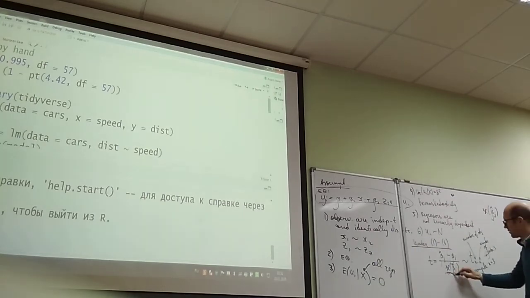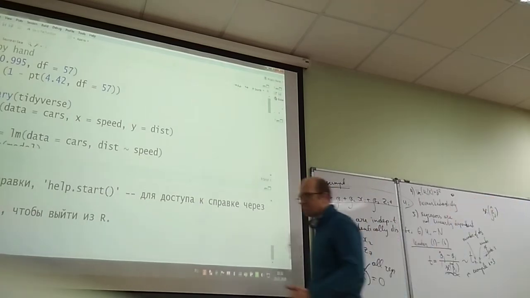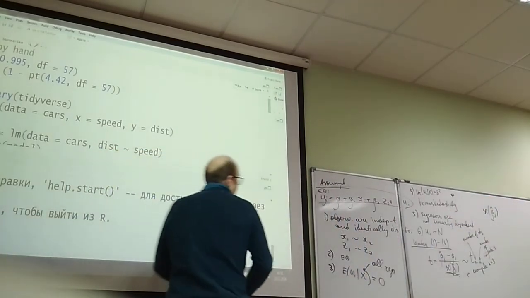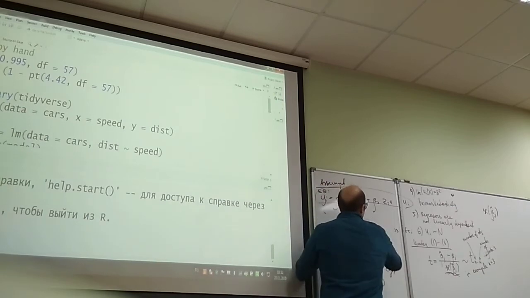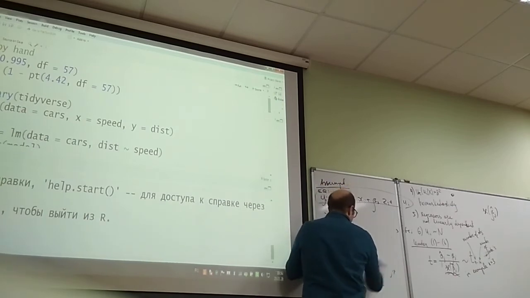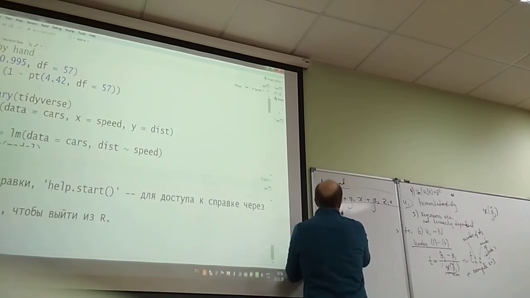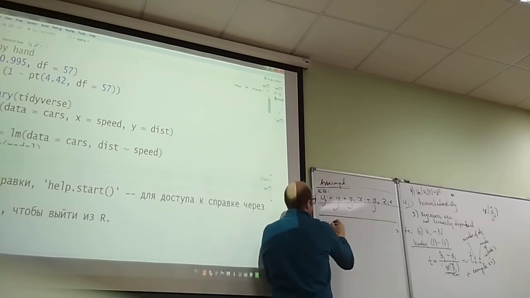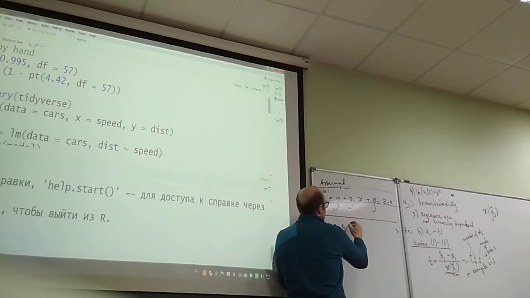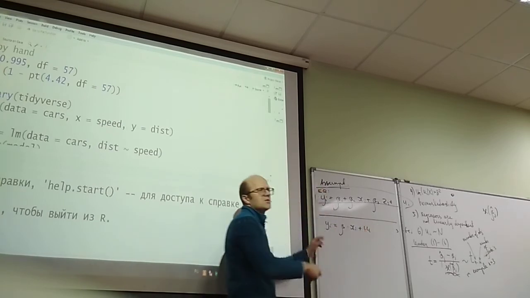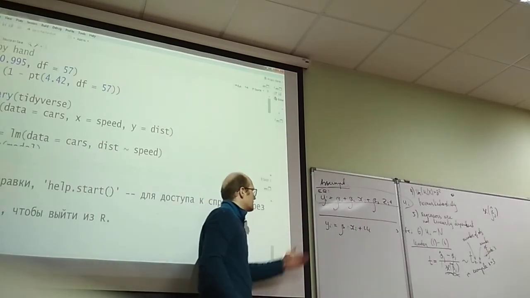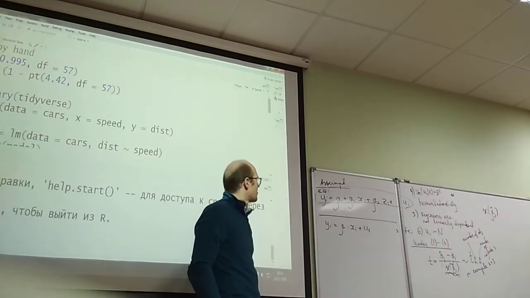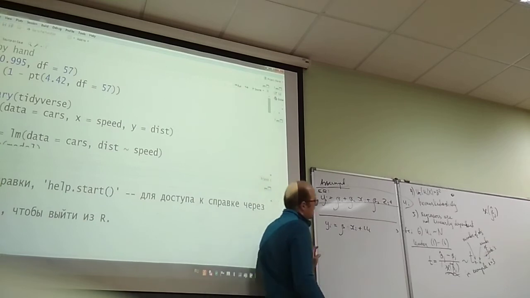So how to calculate this standard error? Yeah, that's a good question. If you have a very simple model like this, only beta times x plus u, so no beta 1, just one beta, univariate model.